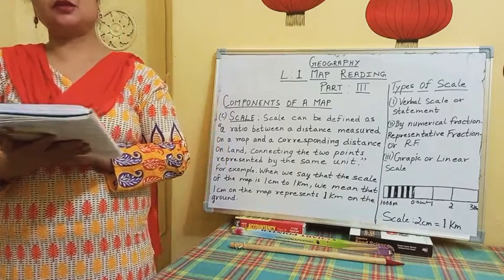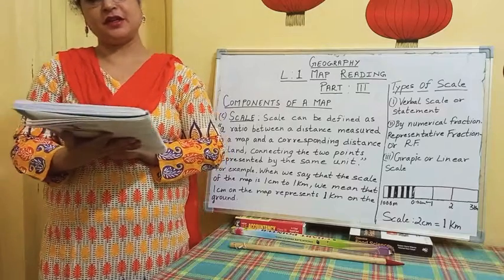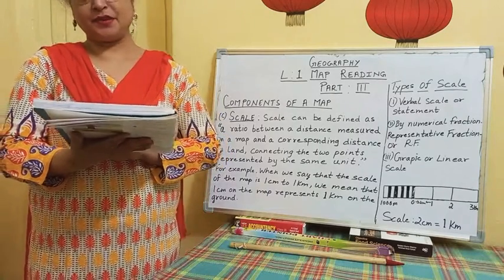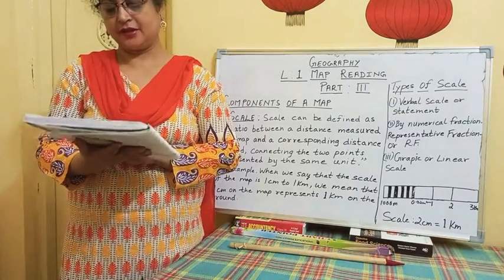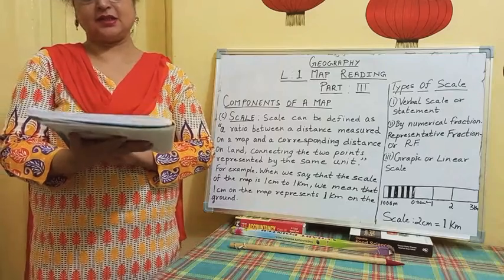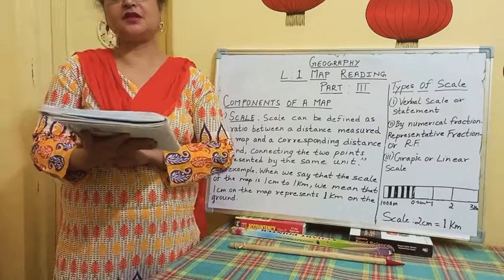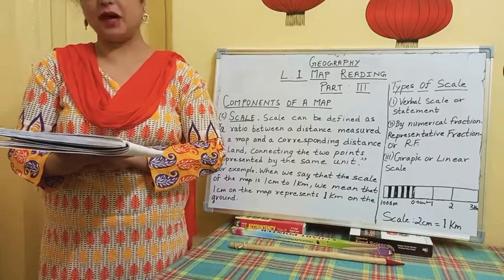Brown represents contour lines, their heights and relief features like mountains. Black represents dry stream and surveyed trees. Red represents permanent huts, settlements and cities. So these are the significance of colors and what they represent in a map.